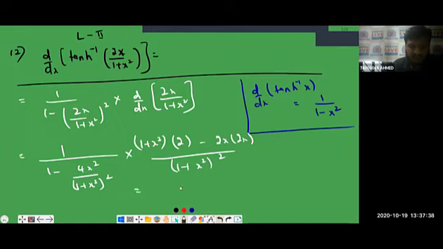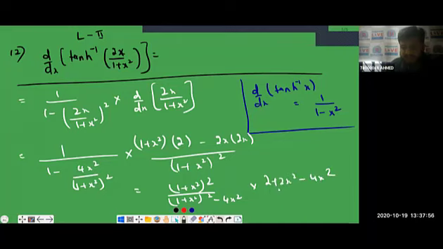So this will be what? 1 plus x square whole square. After taking LCM, this term comes to the numerator, divided by 1 plus x square whole square, minus 4x square into, multiplying 2 inside, 2 plus 2x square minus 4x square divided by 1 plus x square whole square. 1 plus x square whole square and 1 plus x square whole square get cancelled out.